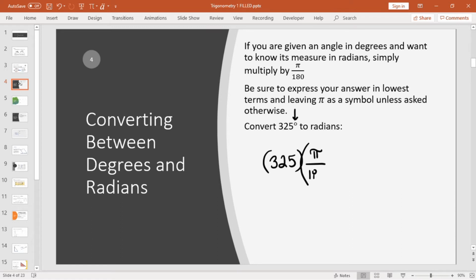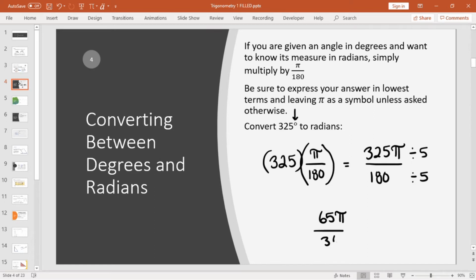I always think of that as putting pi into the measurement, so I'm making radians, which often have pi in them. So my first step is I get 325 pi over 180. Now, if you can, you owe it to me to reduce this fraction. Here, both of these numbers are divisible by 5, so I can reduce the fraction to 65 pi over 36. Not touching that pi symbol, and this is in radians.